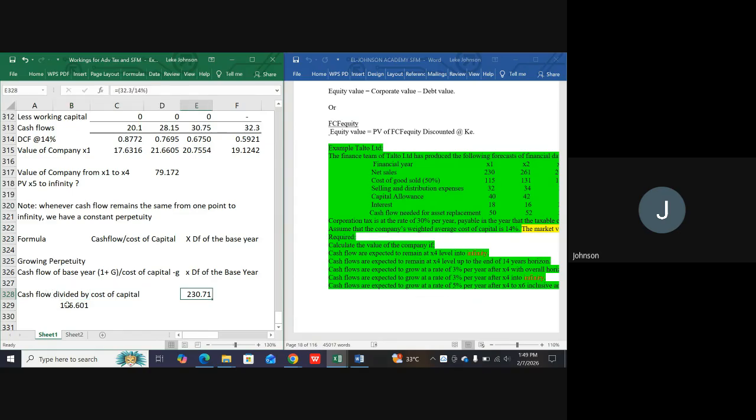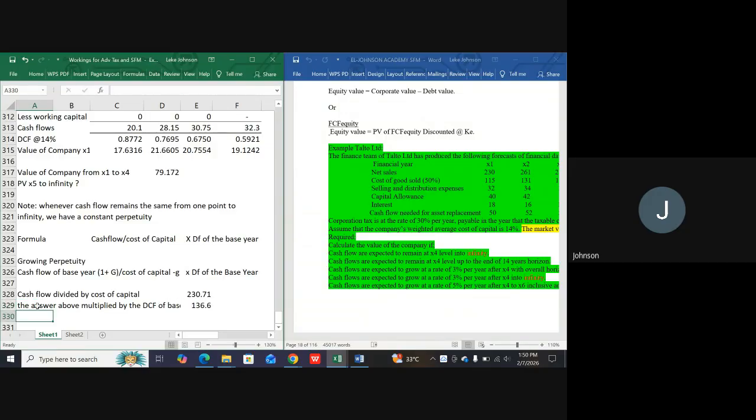Now, let me also shift this one and move it away from here. So this one now, we have the result above, multiplied by the DCF of the base year.